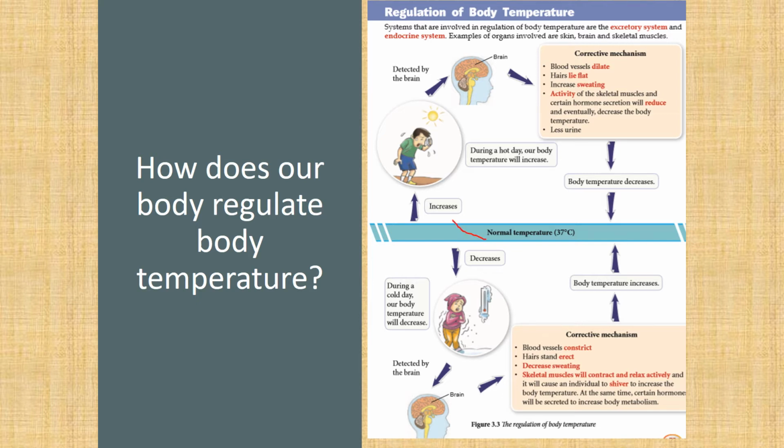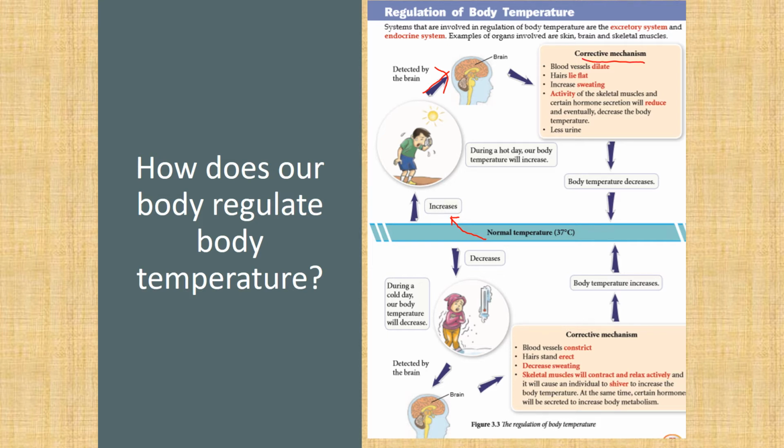When the normal body temperature increases, normal body temperature just now I mentioned 37 degrees Celsius, if our body temperature increases, so what happens? It will be detected by the brain, and the brain will stimulate corrective mechanism.